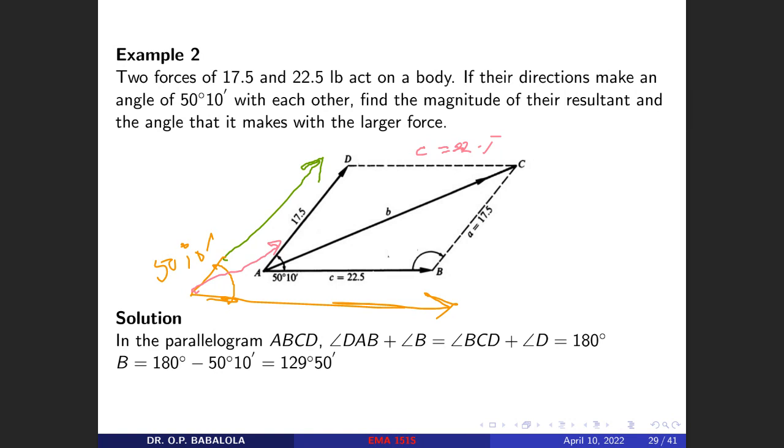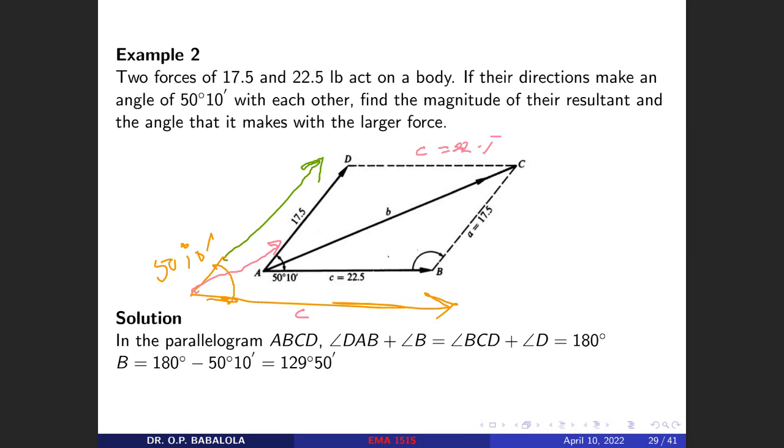And the larger force is C. This is the larger force because its value is 22.5. So we want to find the angle that the larger force makes with the resultant, and that is angle B actually. So we're saying the sum of DAB, angle A, plus angle B should be equal to 180.